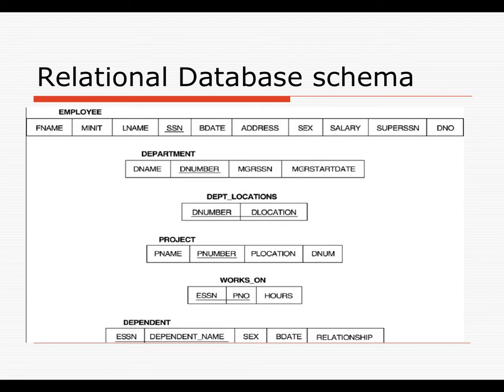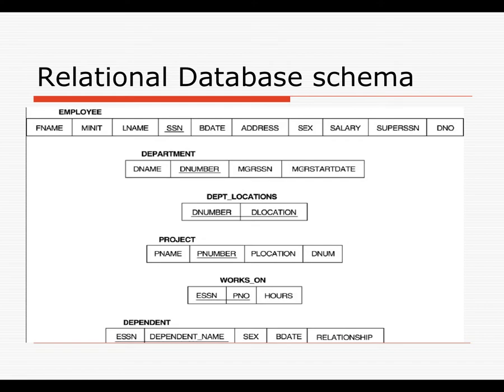For example, if we were looking at a relational database schema for the next several queries, the next several slides are going to be walking through essentially employee data, department location data, project data, works on data, as well as dependent data.